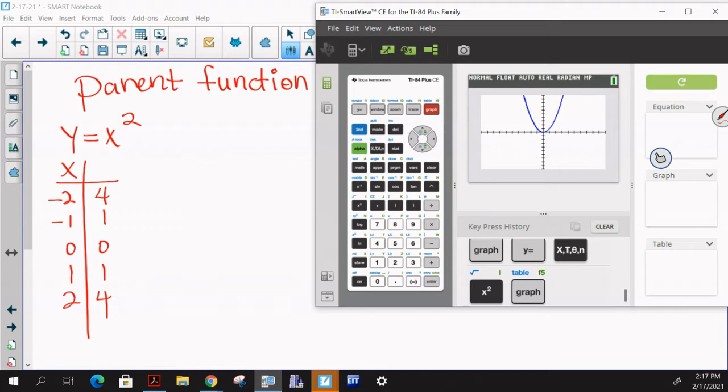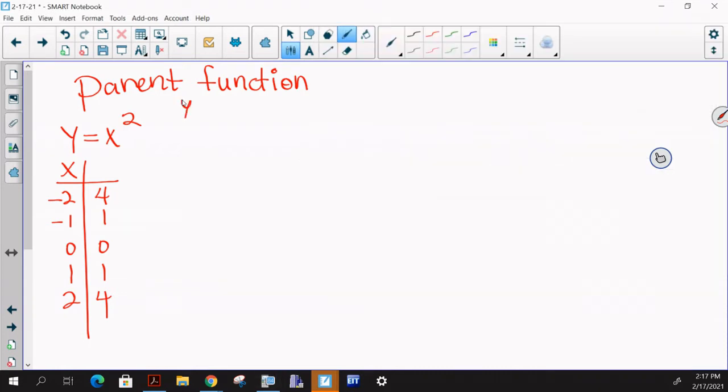So your mission was to try different values for A. Remember that A is the coefficient in front of the x squared. And I said try one. So let's try one that looks like this.